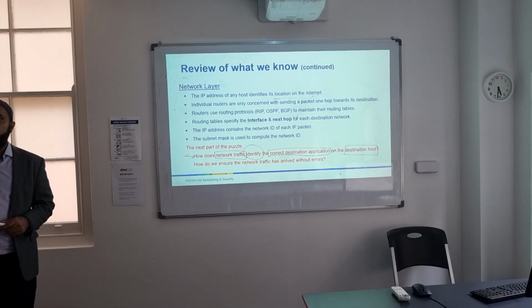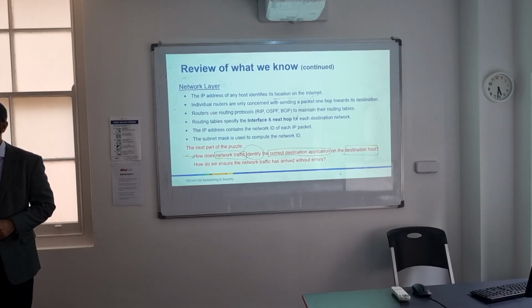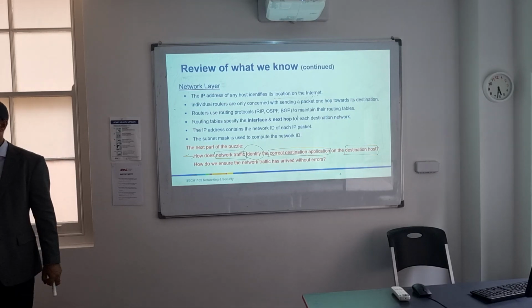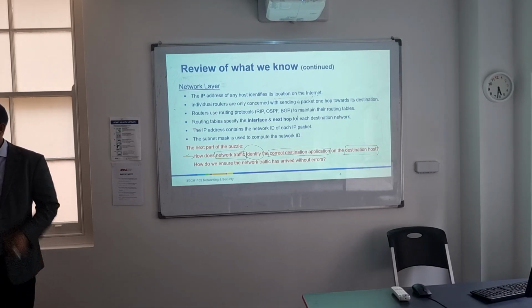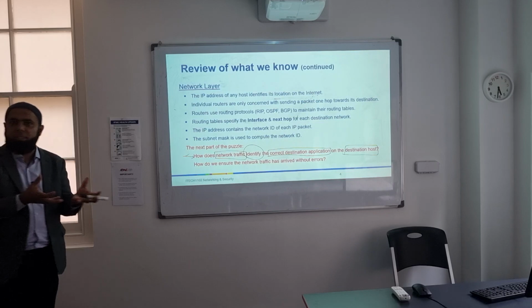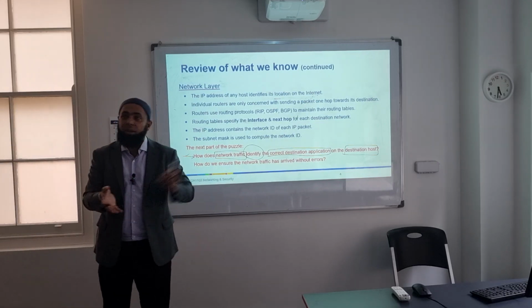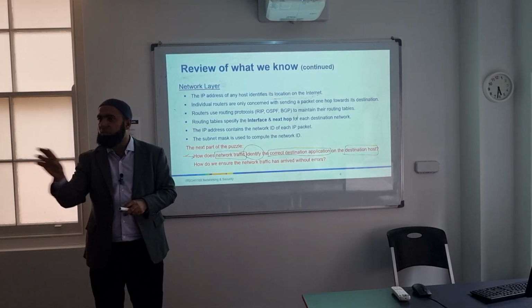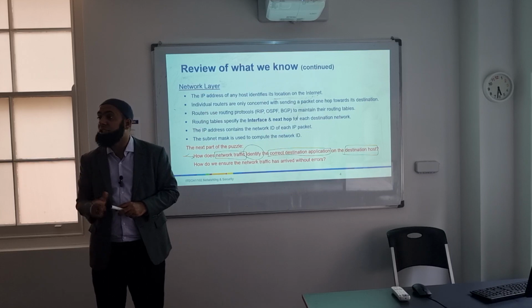Is it going to Mozilla, Firefox, Skype, or Teams? It arrives in the form of an IP address with the data, a datagram, the total packet of data. So how does it know which part is going to which application?